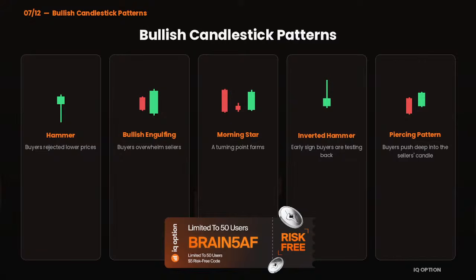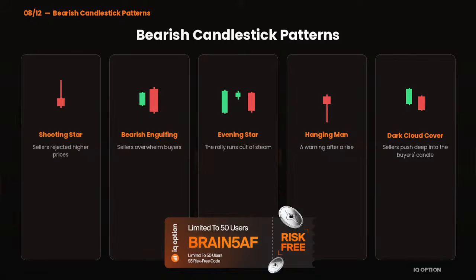I hope you guys are understanding what we are doing. Okay, that's great. So now these are the bearish candlestick patterns.